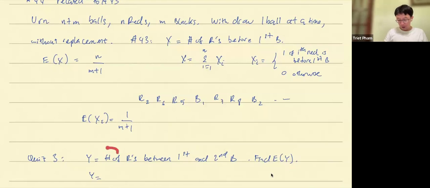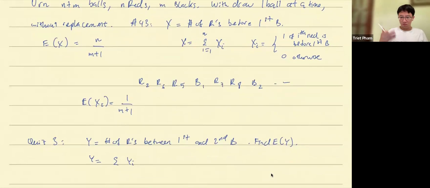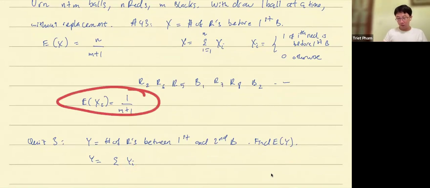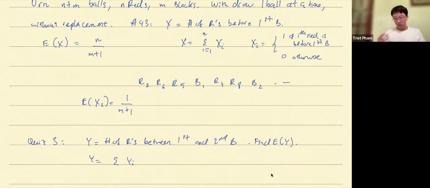Because when you are able to break a total number of something down to a sum, then somehow the individual terms can be much more easily handled in terms of expectation, right? So the question here is, what can we break Y into, and why?